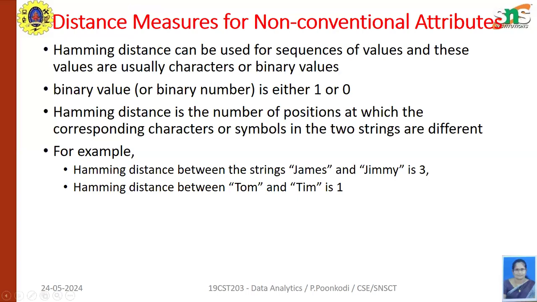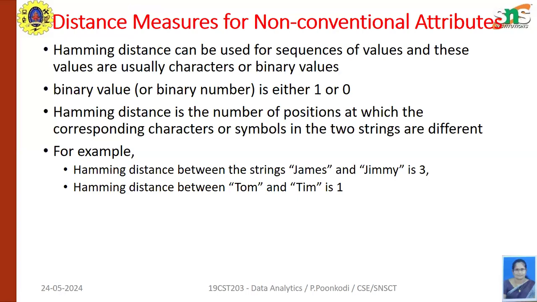The binary value means a binary number, that is either 0 or 1. This Hamming distance is the number of positions at which the corresponding characters or symbols in the two strings are different. For example, you can calculate the Hamming distance between the strings James and Jimmy.